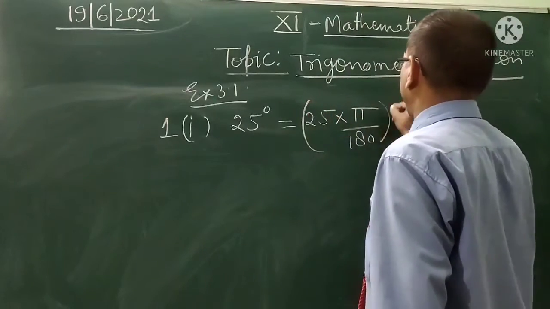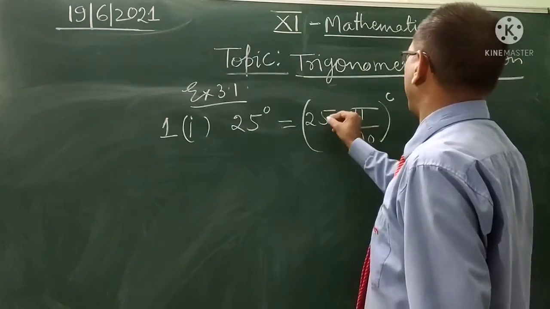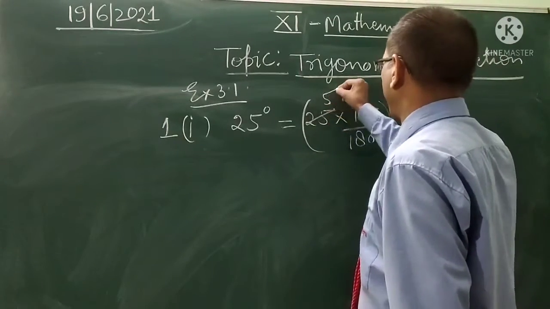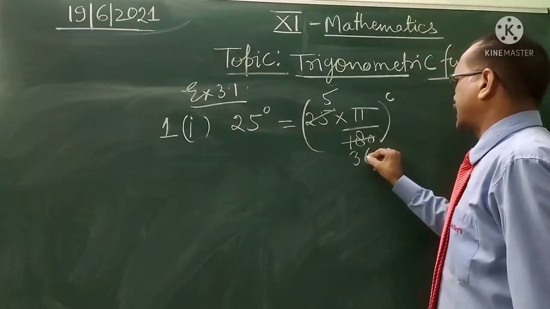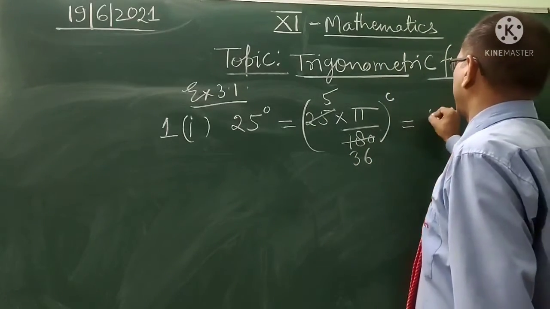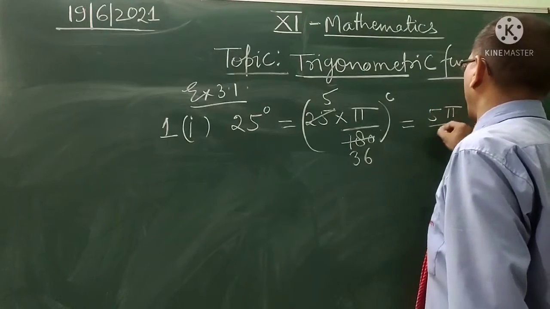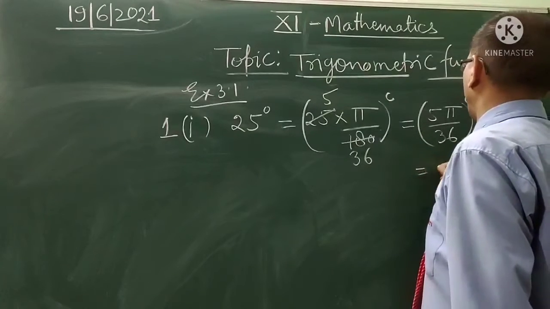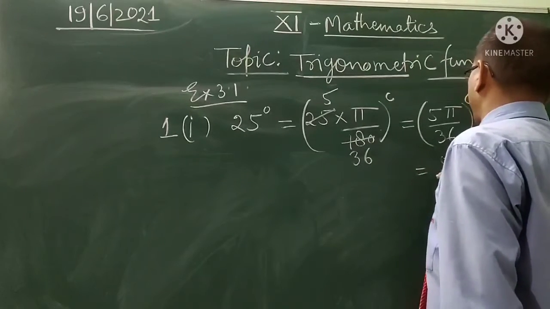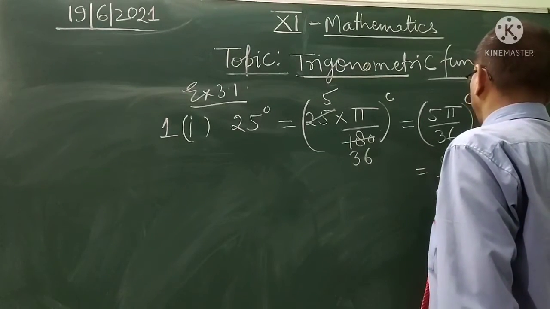It becomes radian. Now 5 fives are 25, 5 threes are 15, 5 sixes are 30. So it is 5 pi upon 36 radian.